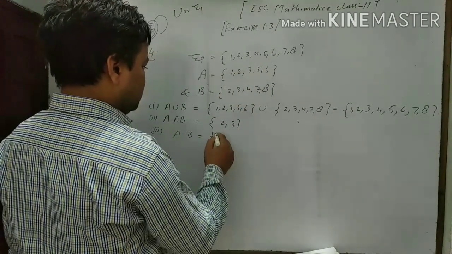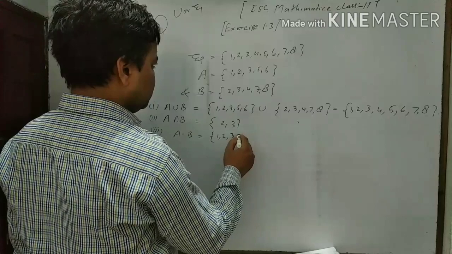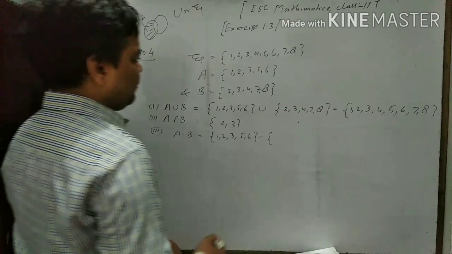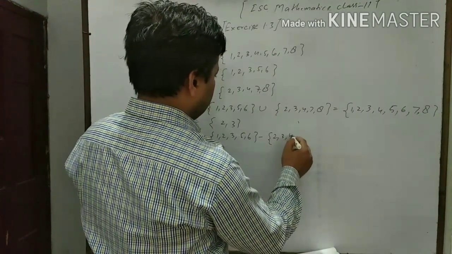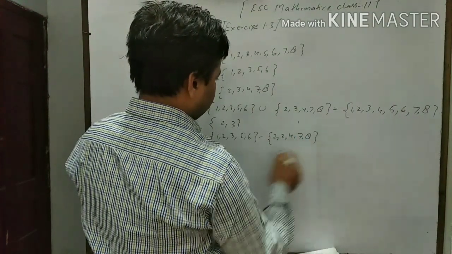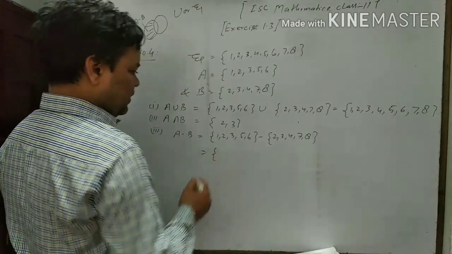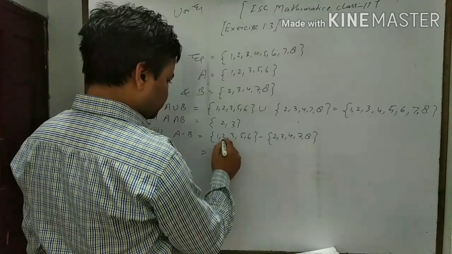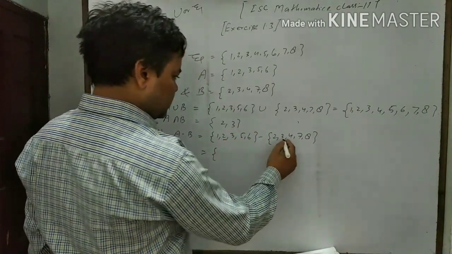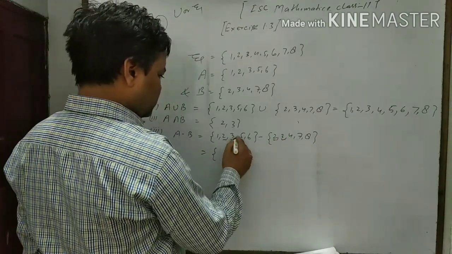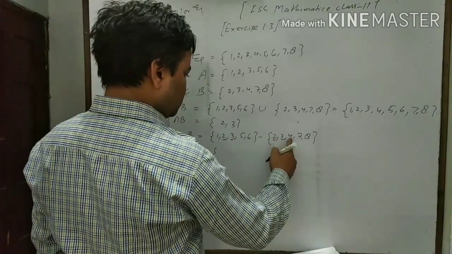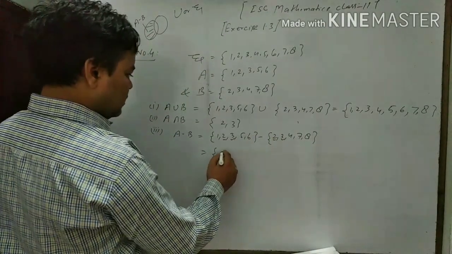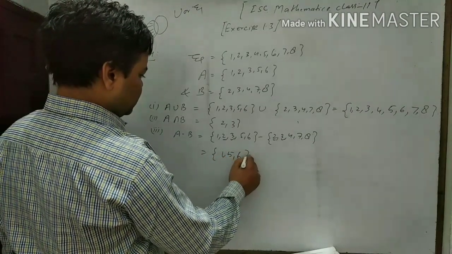Set A is 1, 2, 3, 5, 6 minus set B, that is 2, 3, 4, 7, 8, and we should take only those elements which are in A but not in B. Here we cannot take 2, and we cannot take 3. 4, 7 and 8 are not in A. Then 1, 5 and 6.